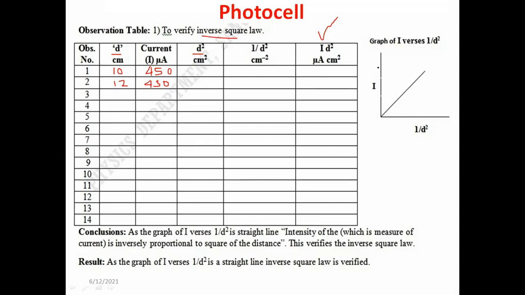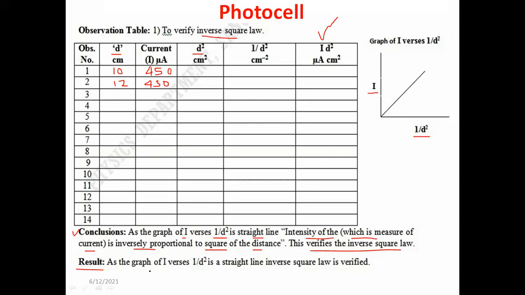Now the most interesting thing is the graph. If you plot a graph of I on the y-axis and 1 upon d square on the x-axis, you will find a straight line passing through the origin. After these readings and the graph, you will conclude that as the graph of current versus 1 upon d square is a straight line, the intensity of light, which is a measure of current, is inversely proportional to the square of the distance, which verifies the inverse square law.